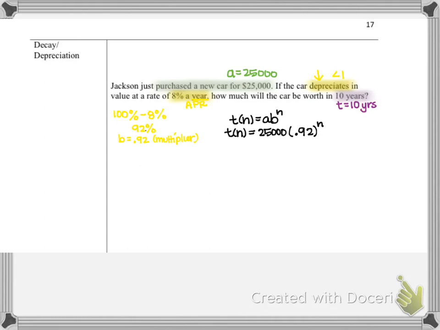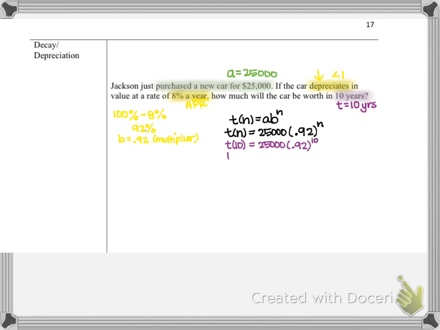And then n, so the exponent represents how many times, so how many years is this going to be going through? All right, so it's 10 years. So we want to do 10 here. So I'll do T of 10 years. It's going to be 25,000 and 0.92 to the 10th power.